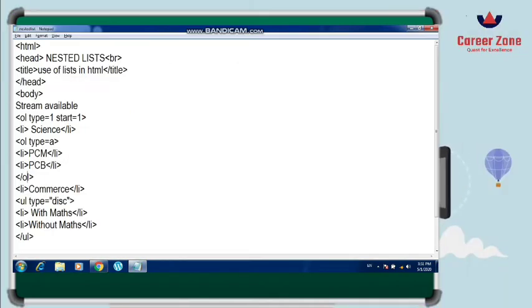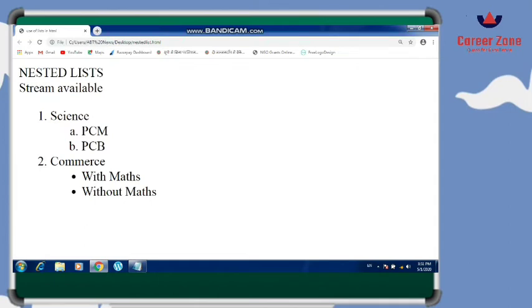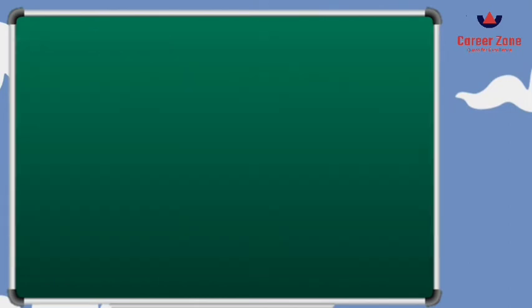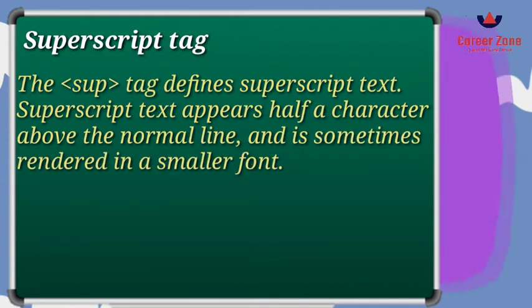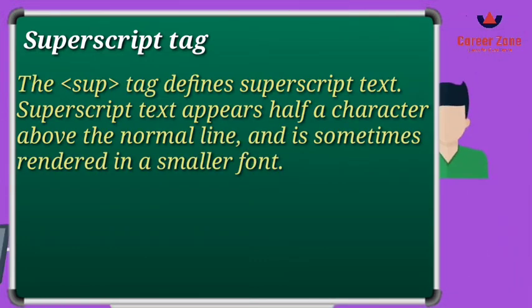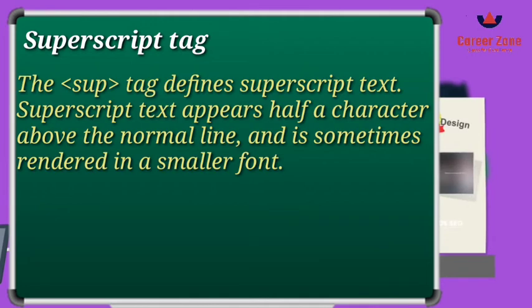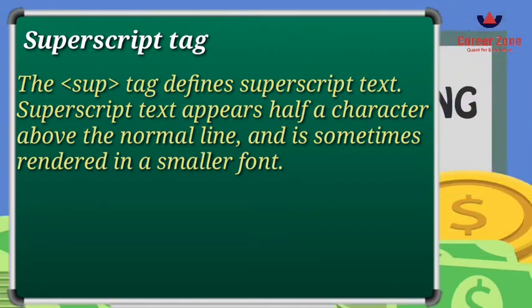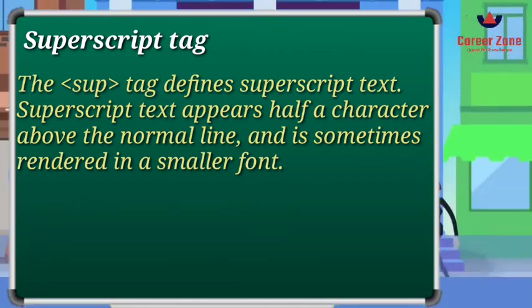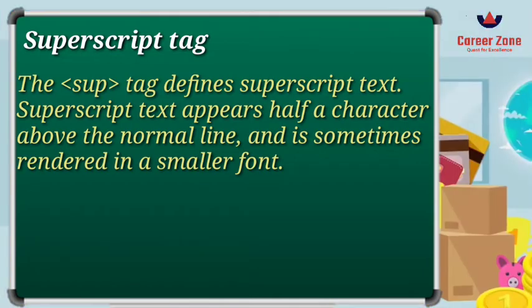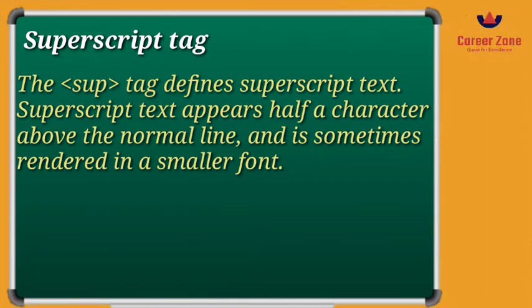So now let us see the use of superscript and subscript tag. What is superscript tag? Superscript tag defines the text which needs to appear half a character above the normal line. It means if you want to write some text above the normal line, it will be written in a smaller font, and that text will be called superscript text.